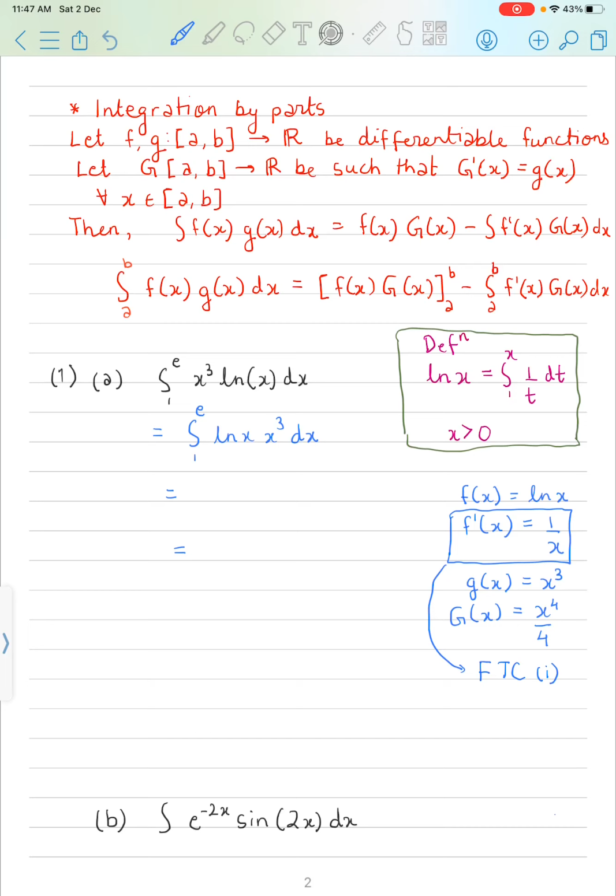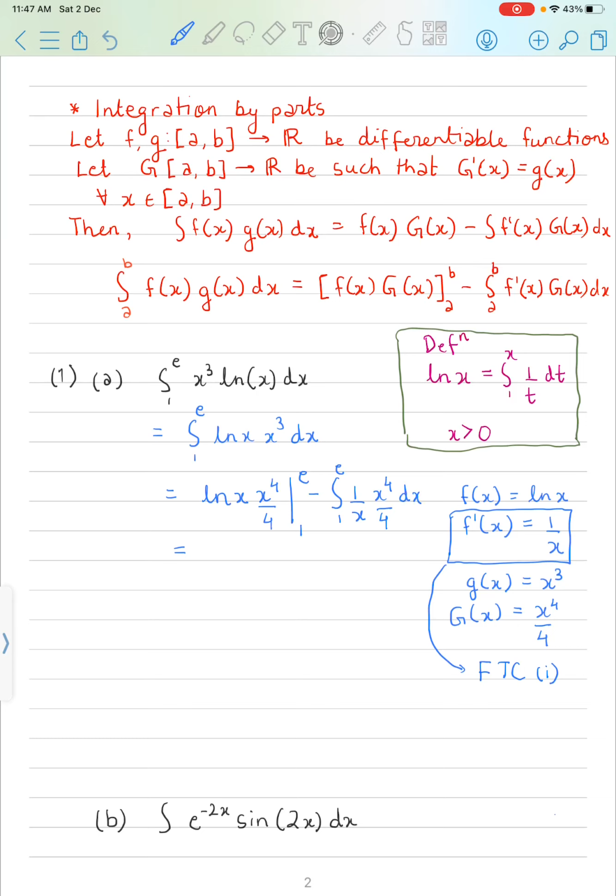It will be ln x, then capital G(x) will be x to the power 4 by 4, from 1 to e, and then minus the integration from 1 to e of f dash x, which is 1 by x, then capital G(x), x to the power 4 by 4 dx, right?